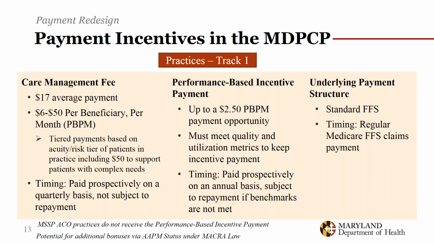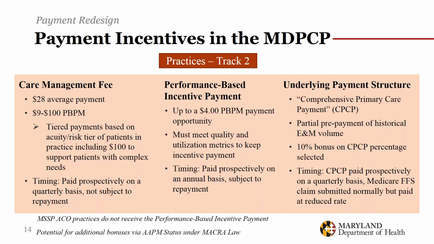So the range for Track 1 is anywhere from $6 for the healthiest individuals all the way up to $50 per beneficiary per month. And that $50 at the complex level includes the most complex patients in your practice, including those who have dementia or have behavioral health diagnoses. These monies, importantly, are paid prospectively on a quarterly basis, and they are not subject to repayment.